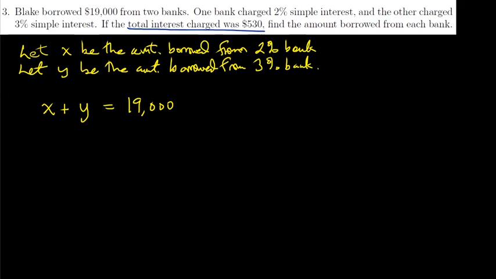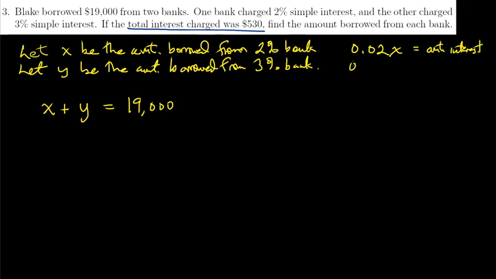Okay, so how do we calculate interest? Well, the amount of interest that we're being charged is 2% on x. So 2% as a decimal is 0.02 times x. Right, so this is the amount of interest, I should say. Right, the amount of money that we're being charged in interest.